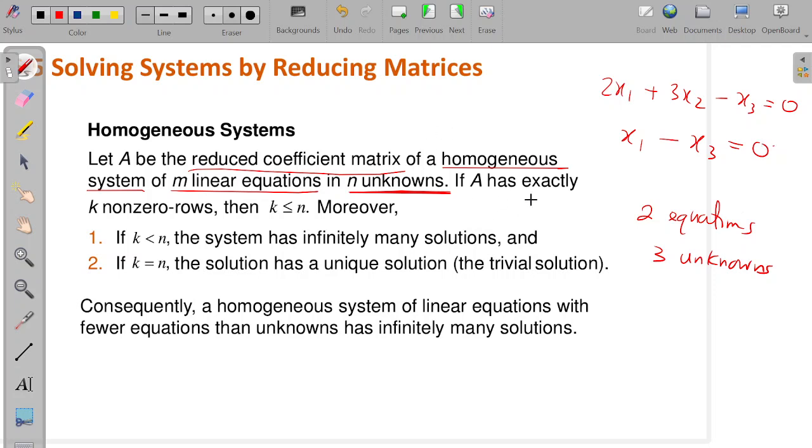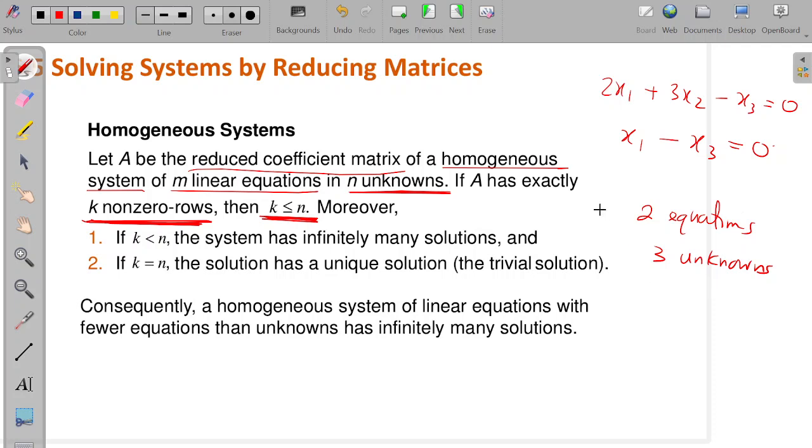All right, so if A has exactly k nonzero rows, then k is less than or equal to n. So the number of rows should be less than or equal to the number of unknowns.